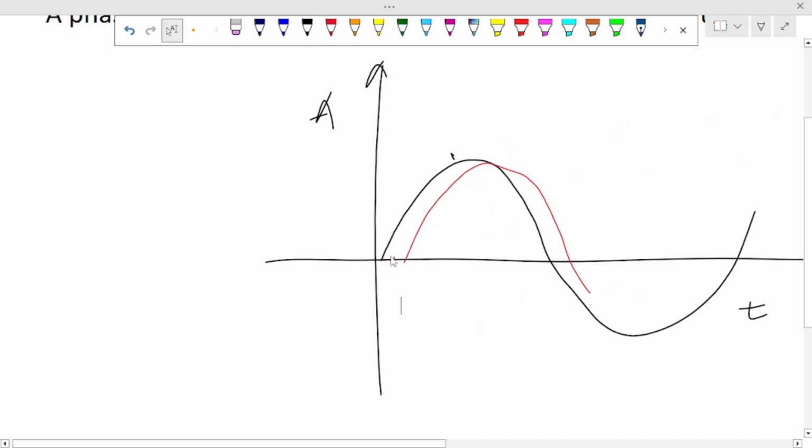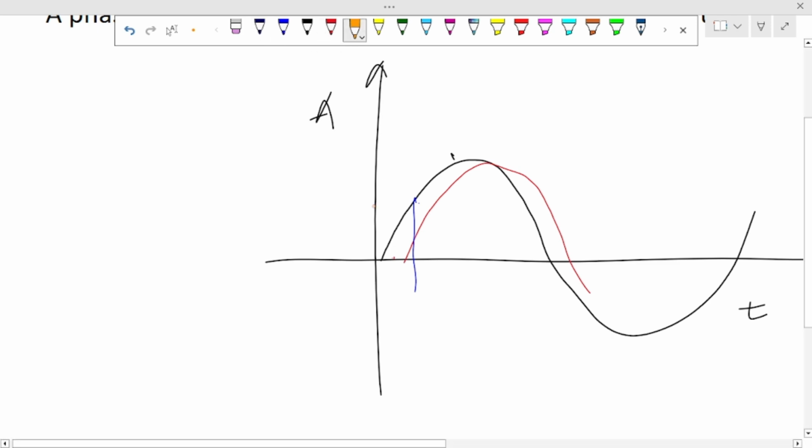Right now at this point, that's where we have our voltage. Let me draw this back a bit. So at this point, this is where our voltage is.